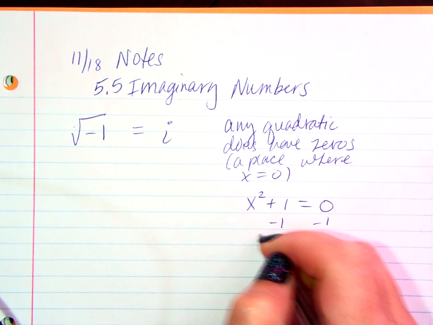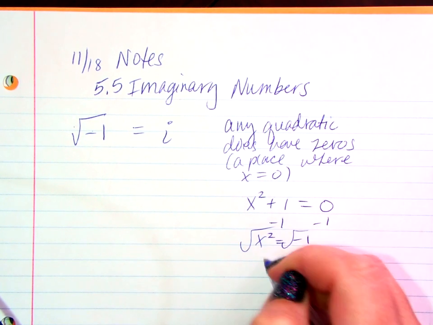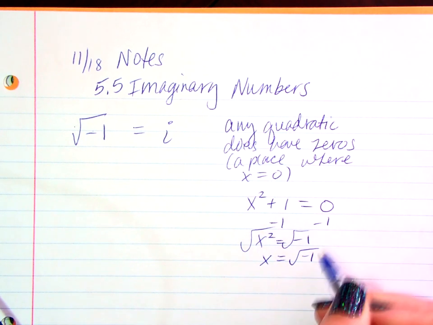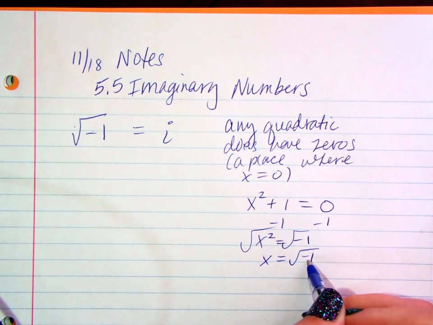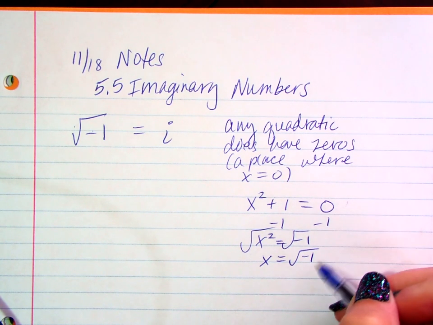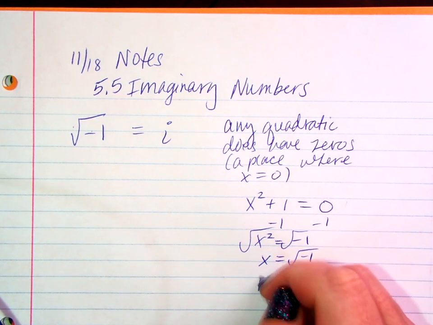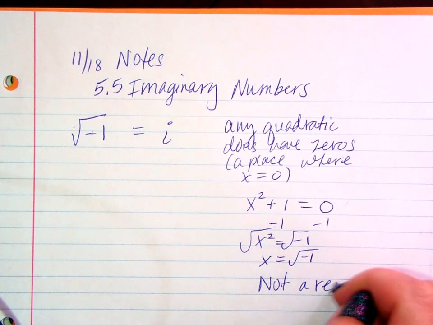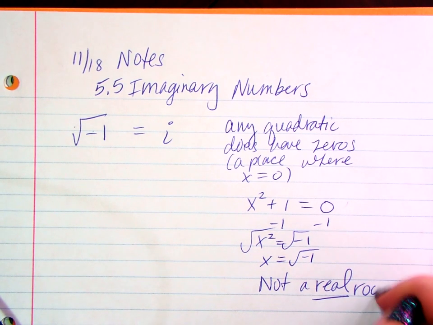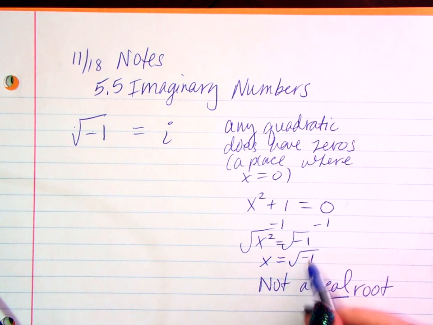So if I subtract 1 to both sides, I get x squared equals -1, and I square root both sides. Mathematicians were posed with this question of, how do I represent this? I need something to represent this because this is my 0. Even though this 0 does not touch on the x-axis, it is not a real root. It doesn't fit in the real number system. Even though it's not a real root, I need a way of representing this 0.